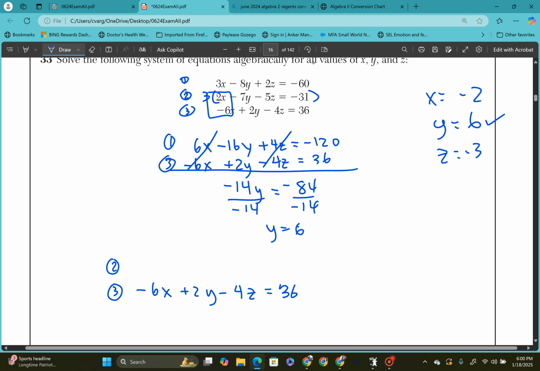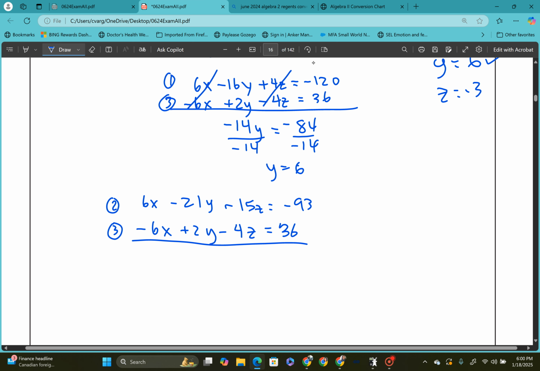So I get 6x minus 21y minus 15z equals negative 93. Now these cancel out. So now I have negative 19y minus 19z equals negative 93 plus 36, which gives me negative 57.